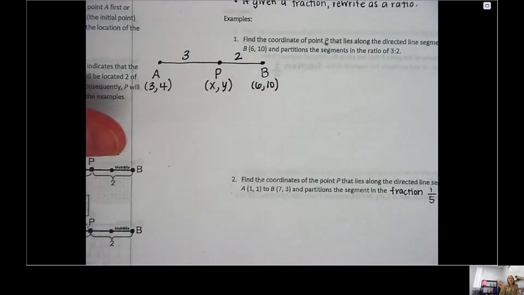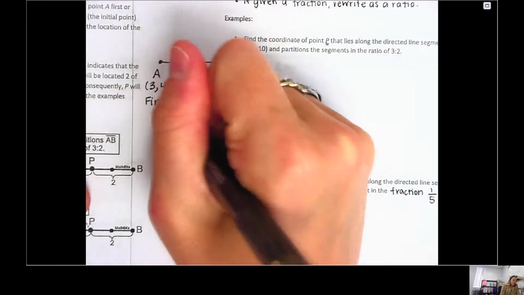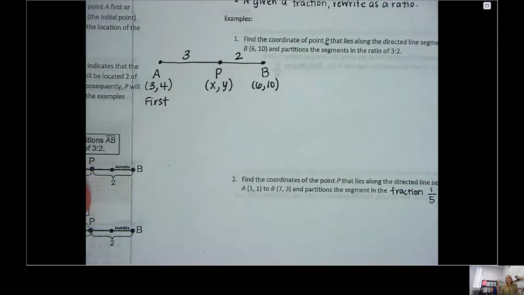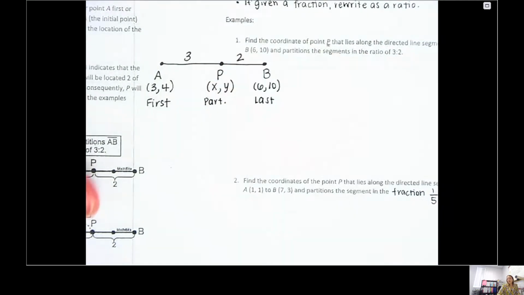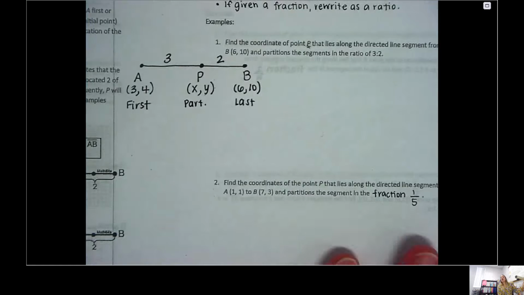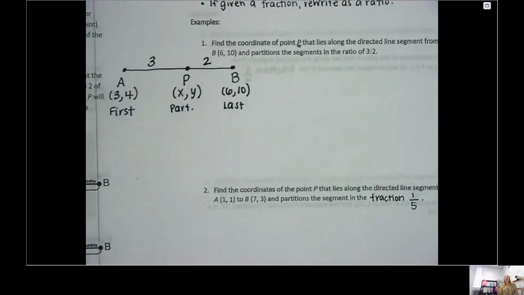So if you come back up to my picture, which one of these points is your first point, your initial point? A. So right underneath it, I'm going to put first. Which point is your last point? B. Obviously, that means P is your partition point. Okay, so we're going to start just by looking at our x values.